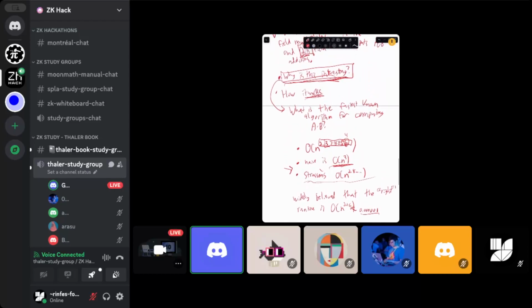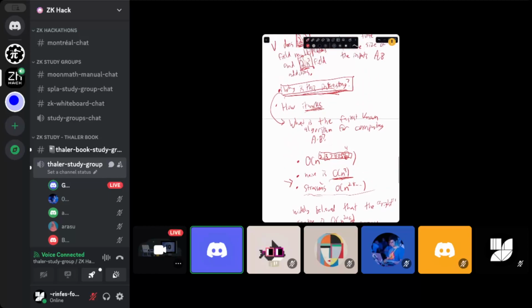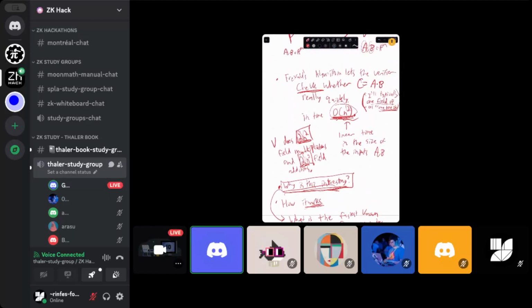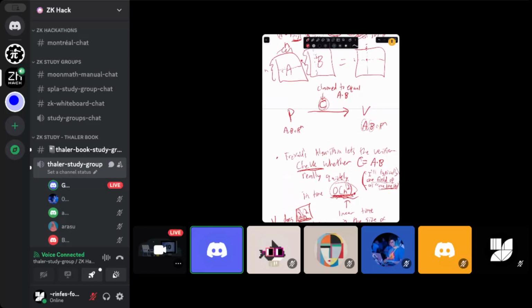So the point is that the verifier is saving time by not computing the answer itself. If you could just compute the product matrix A times B in n squared time, there'd be no point in asking the prover to do it. The verifier could just ignore the prover and in the same amount of time compute the answer itself. But all known matrix multiplication algorithms take much longer than n squared time.